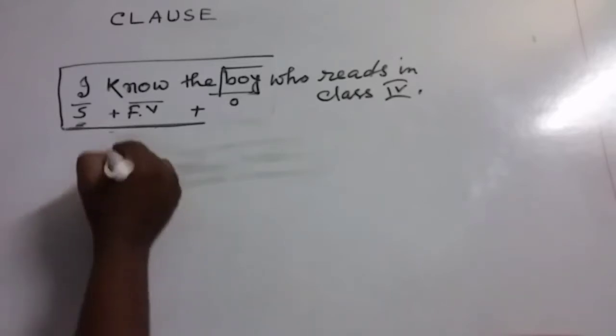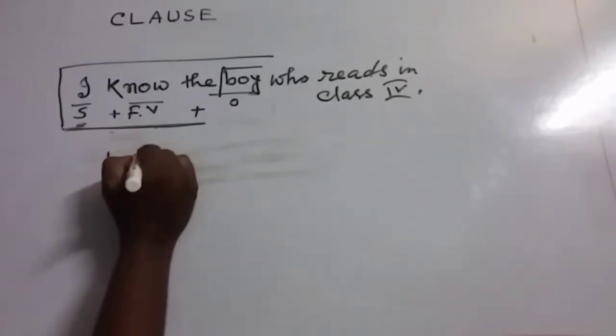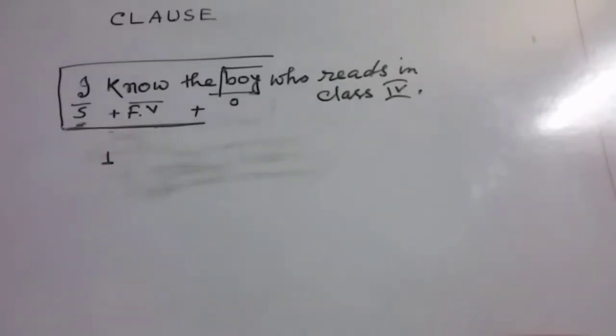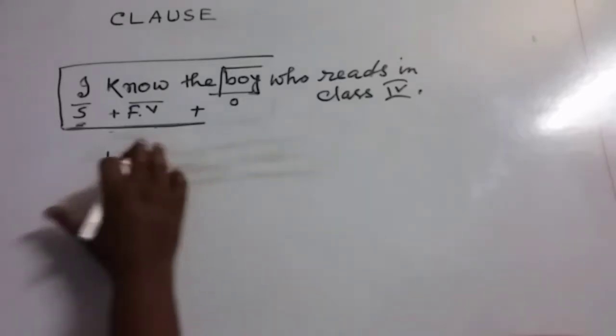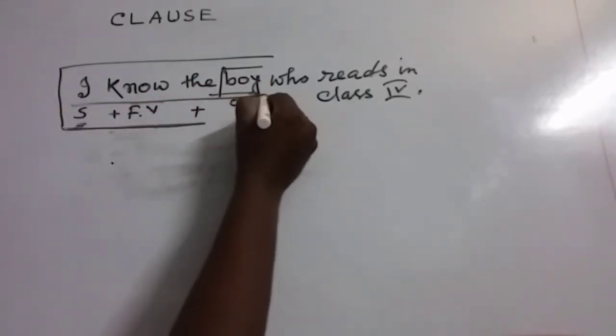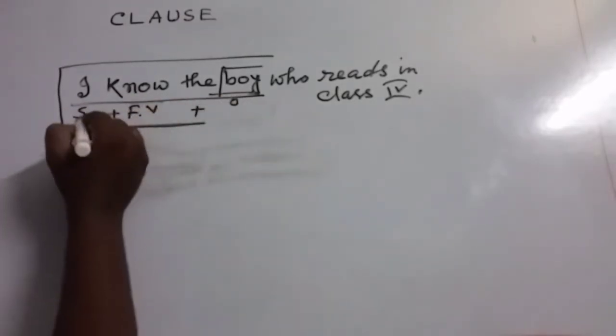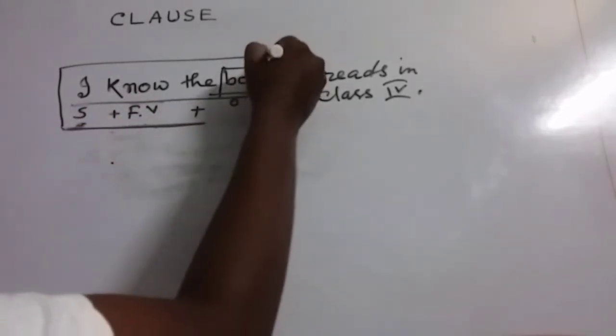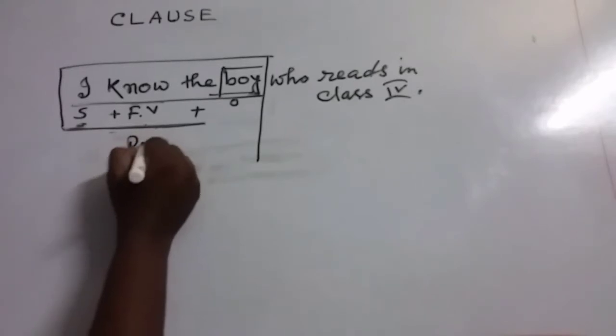In a sentence there may be one principal clause, there may be more than one principal clause. In a sentence there may be one or more than one subordinate clauses. Actually these clauses are used to extend, to enlarge the sentences. So this part is the principal clause. I know the boy, so I is the subject, this is the finite verb, so this is the principal clause.